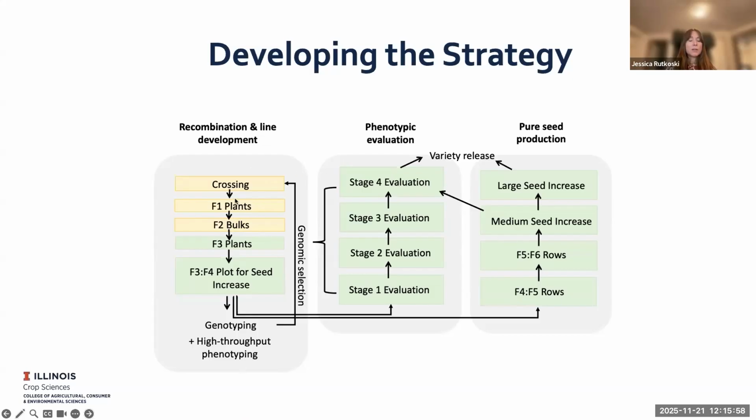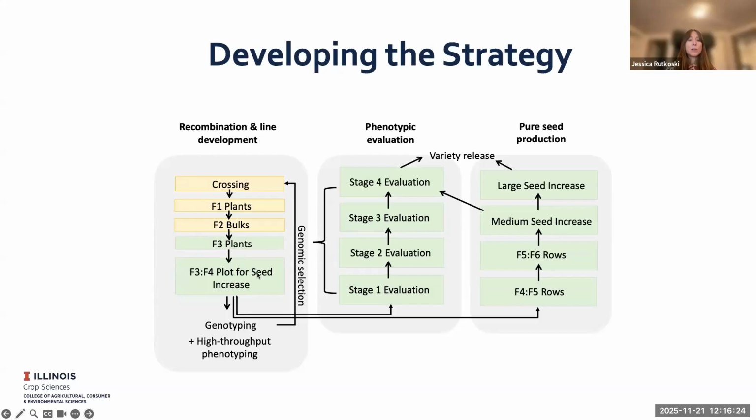So we do crossing, generate F1 plants. Then each F1 plant, we plant those seeds in what we call F2 bulks, which are segregating families. And then we harvest F3 seeds and plant them as single plants in the field. From those single plants, we can then increase the seed in a seed increase plot.